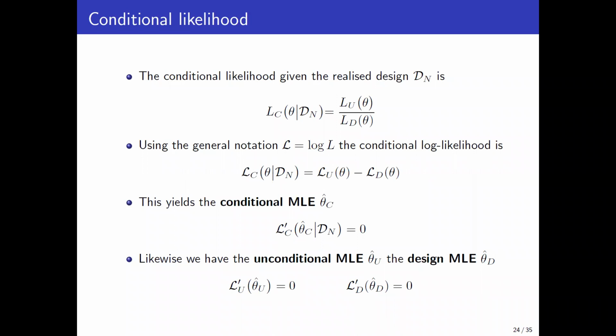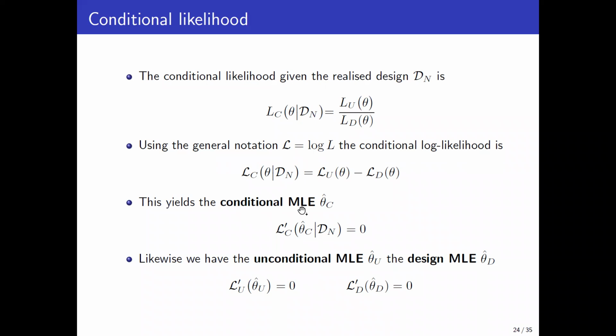And that leads us to the conditional likelihood, which is just the ratio of the unconditional likelihood function that we had earlier, which I showed was insensitive to the adaptive sampling scheme, divided by that design likelihood that I referred to earlier. On the log scale, it's a difference. And that leads to three different versions of what we might call the maximum likelihood estimator.